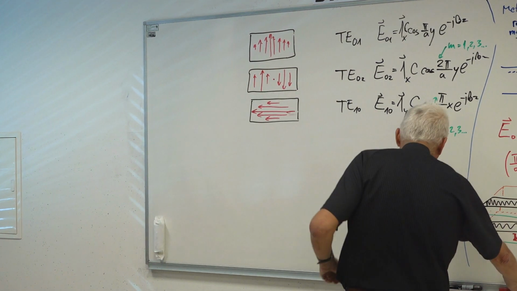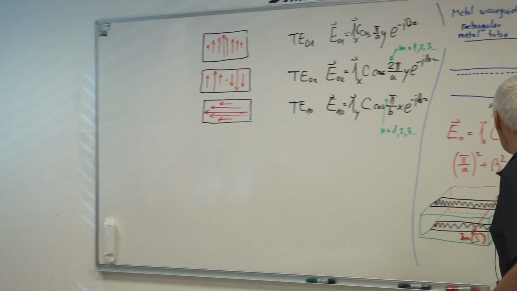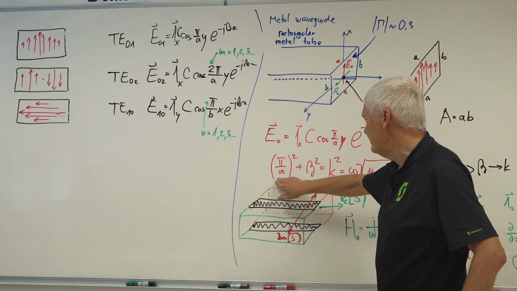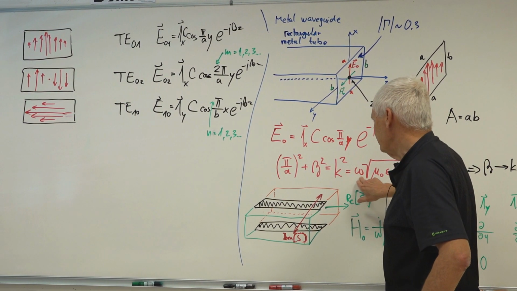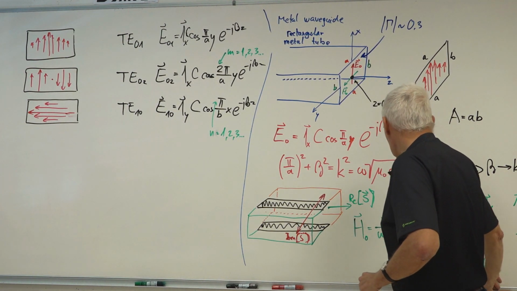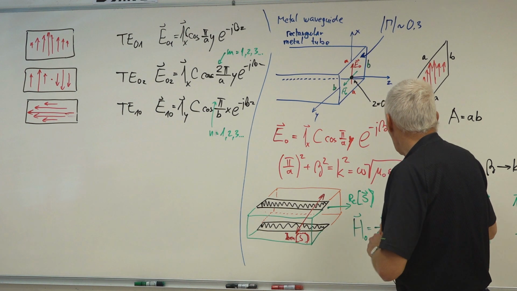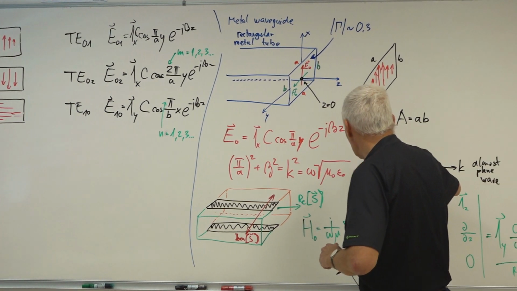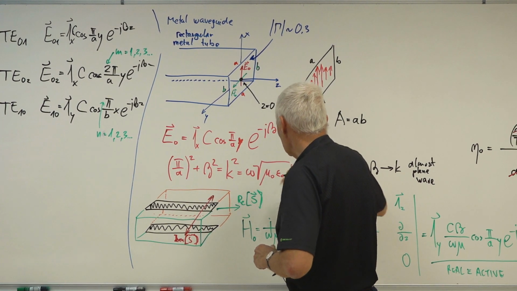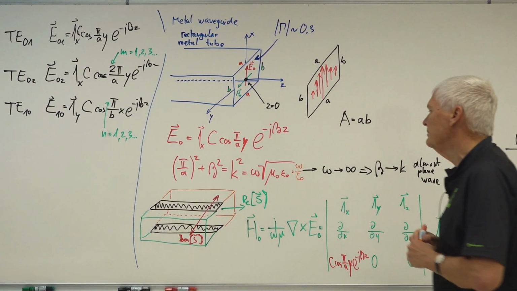How is the cutoff frequency defined? Well, we can look at this equation here. So this is fixed by the dimension of the waveguide. This is frequency. This thing here is omega divided by C0, the speed of light in free space.